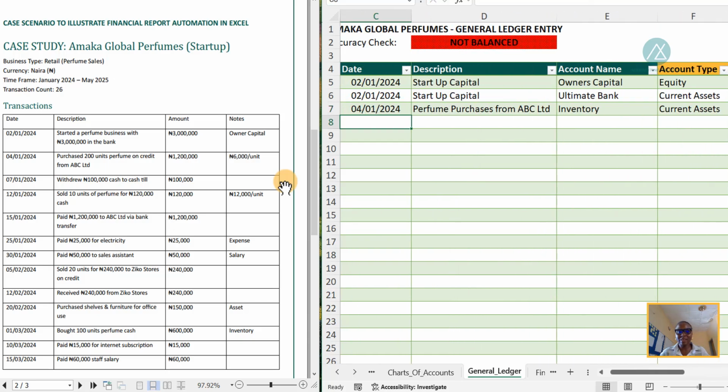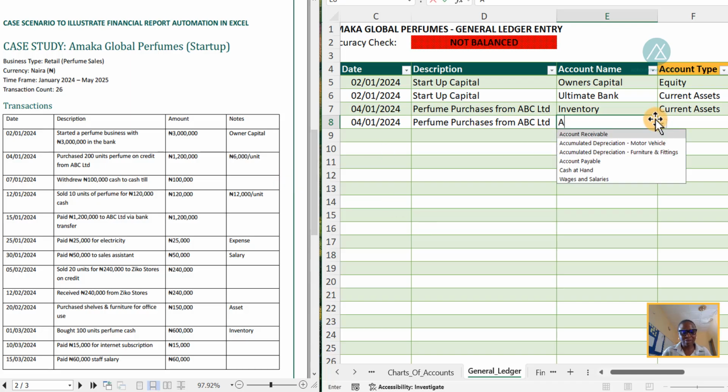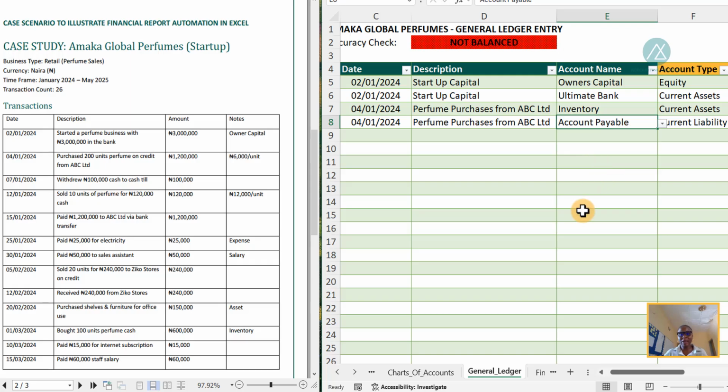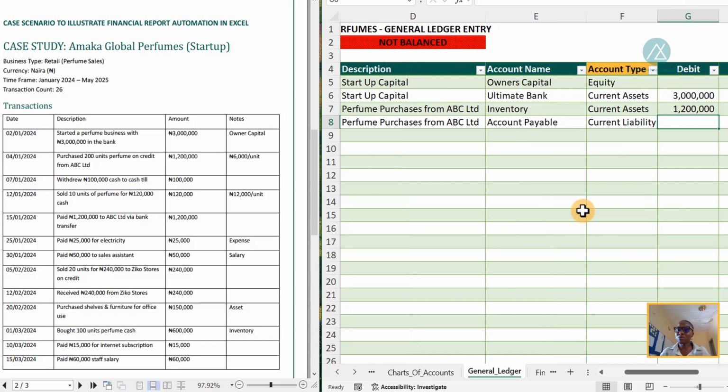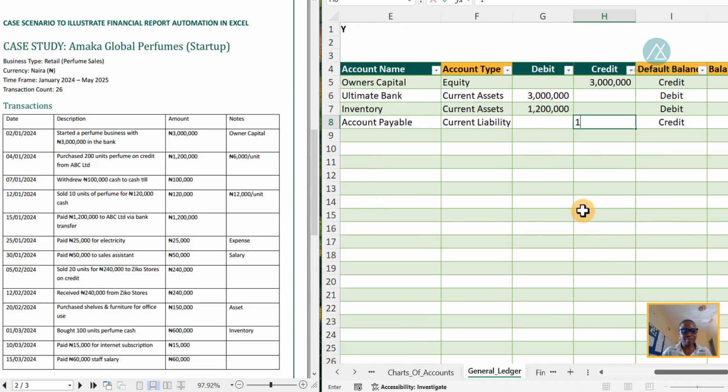So the next leg of the transaction, because it's double entry, right? So they say account payable. You can just type account payable and select this. It's a current liability. We are owing ABC. We didn't pay. We bought on credit, right? So you take it to the credit side, 1,200,000. Right. So we'll move to the next transaction.